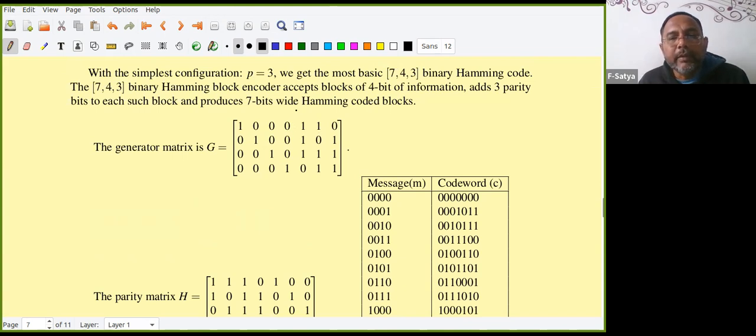How do you get H from here? You remember how you get H from here? This 110 I'll put as a column. 101 I'll put again as a column. 111 I'll put again as a column. So if G is equal to [I_k | A], then what is H? Somebody can help me?